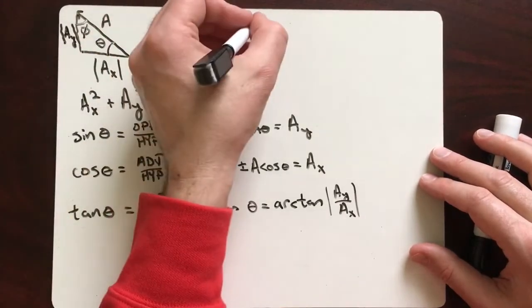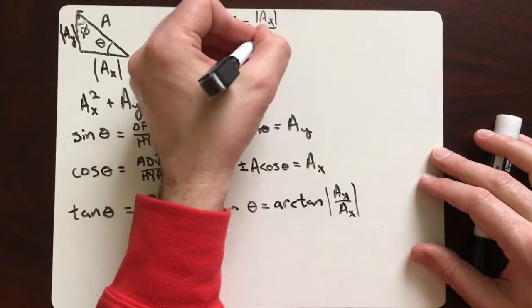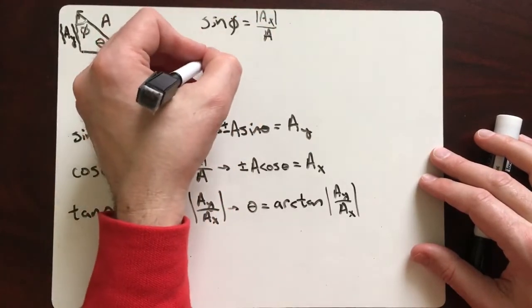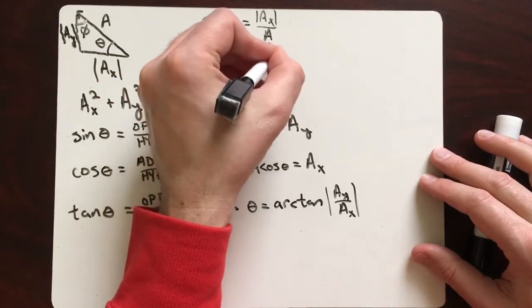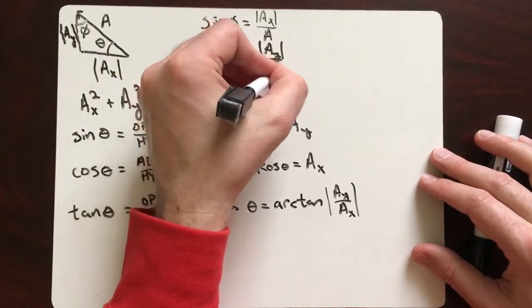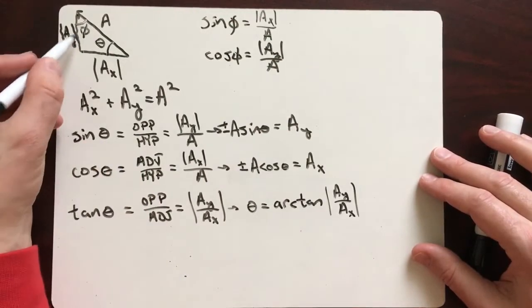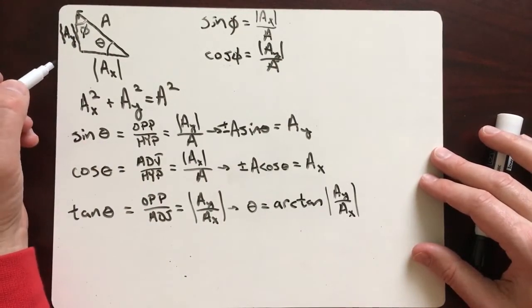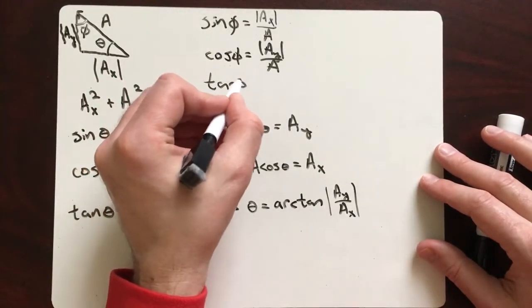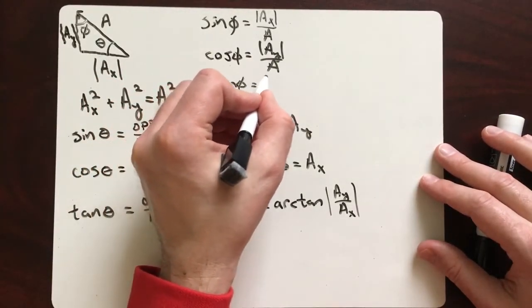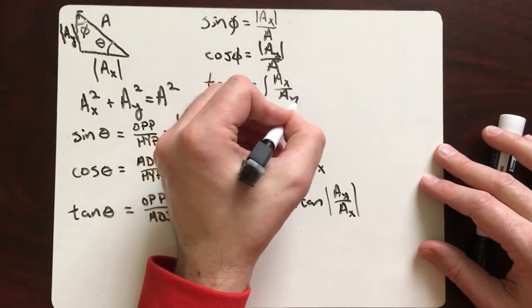So it's a sub x, absolute value over a. And the cosine is a sub y, absolute value over a. Because now the y component is the adjacent side to that angle. And if we do the tangent, that's going to be a sub x over a sub y.